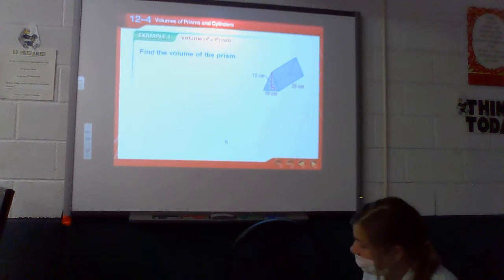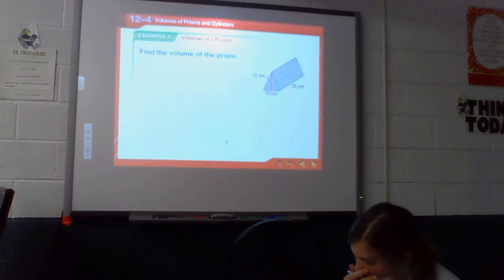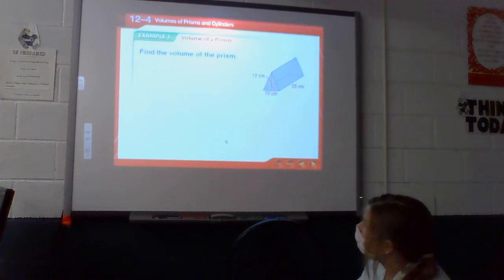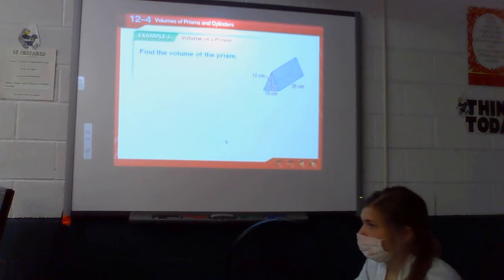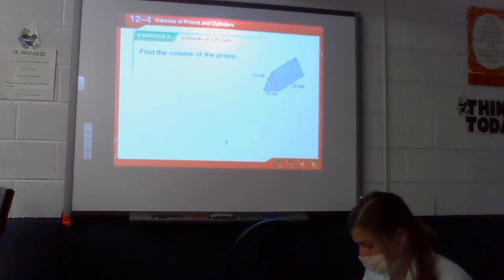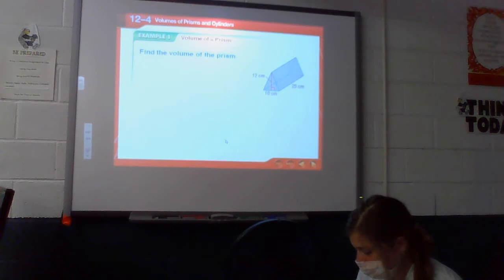Even though it's not sitting on that triangle, it still has to be a triangular prism because all of my insides are rectangles. So in this particular case, I'm going to take 12 times 10 divided by 2 times 25. Or I can multiply those 3 numbers together and then divide by 2. It doesn't really matter when I divide by 2. Everybody good with that? Do you need to see the math?